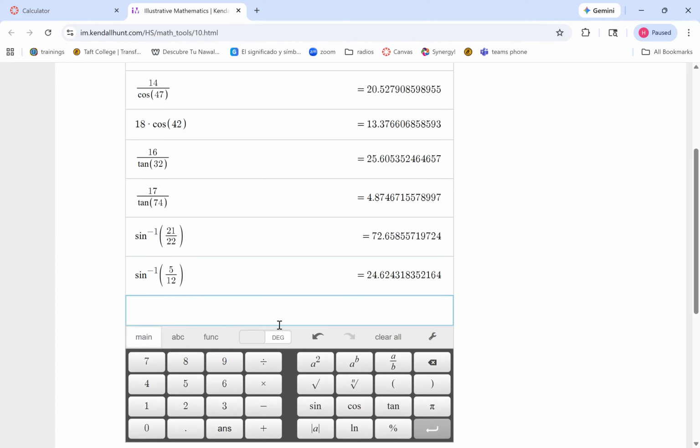I press enter, have it on degrees, right? That's important. So 24.62. I'm going to round it to the nearest whole number. So 24.6, I'm going to round this to 25. I'm going to round it to the nearest whole number, so my answer should be 25.